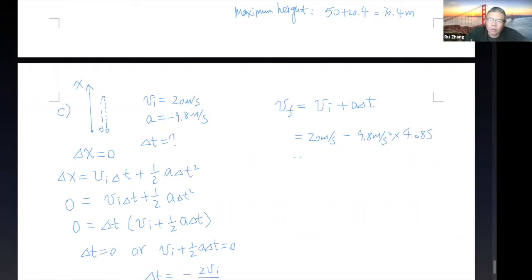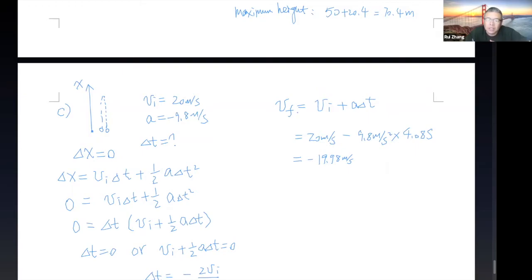If you do this calculation, you actually get negative 19.98 meter per second. If you round it up, it's basically 20 meters per second.